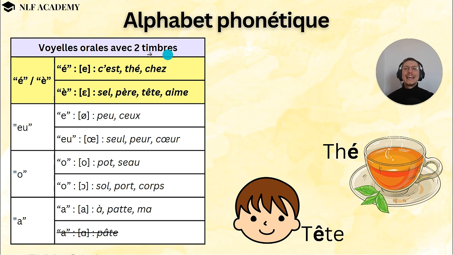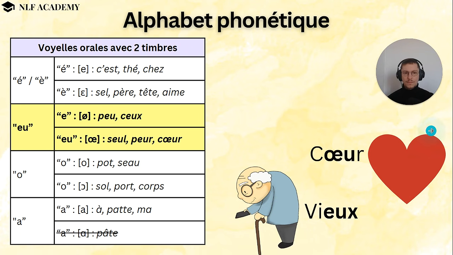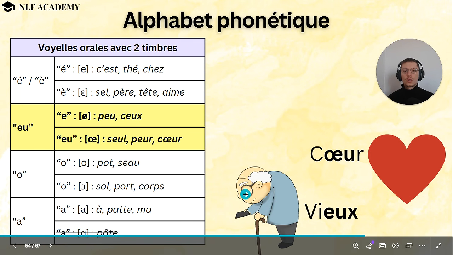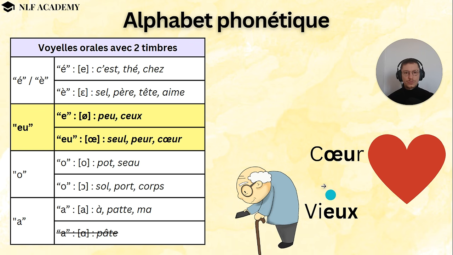Ensuite, on a è comme tête, the head, tête. Eu comme vieux, vieux, old, like an old person, vieux.